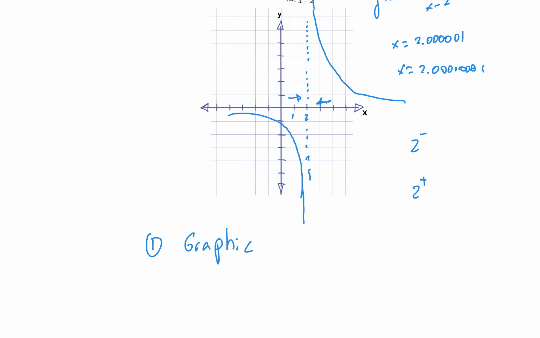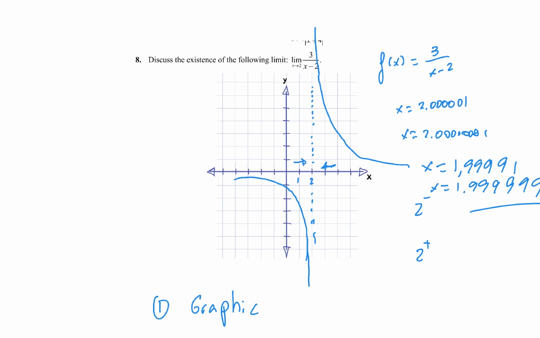With the data, when you plug in numbers like x equals 2.00, or you approach from the left, x equal to 1.9999, or x equal 1.999999, you will see that the calculator, when you do 3 divided by 1.999 minus 2, will go to a big number.